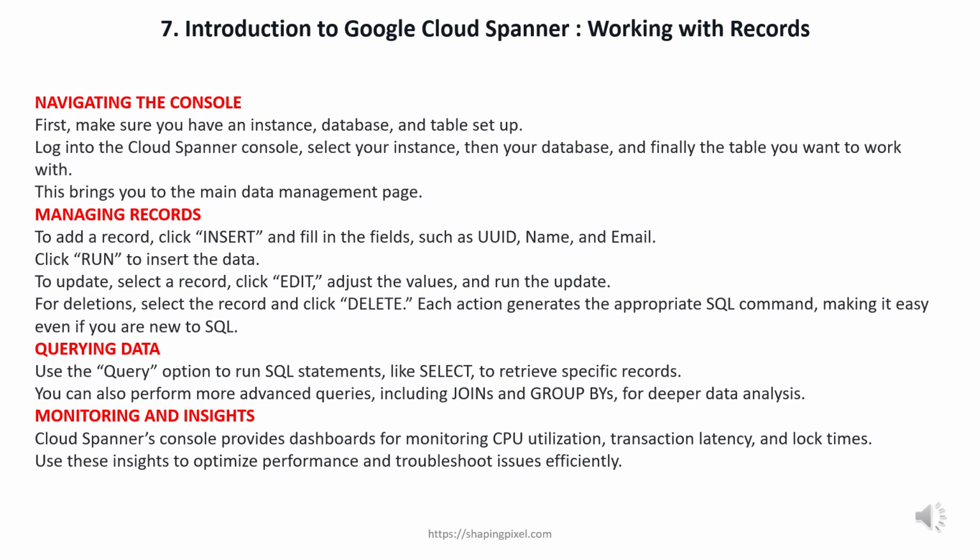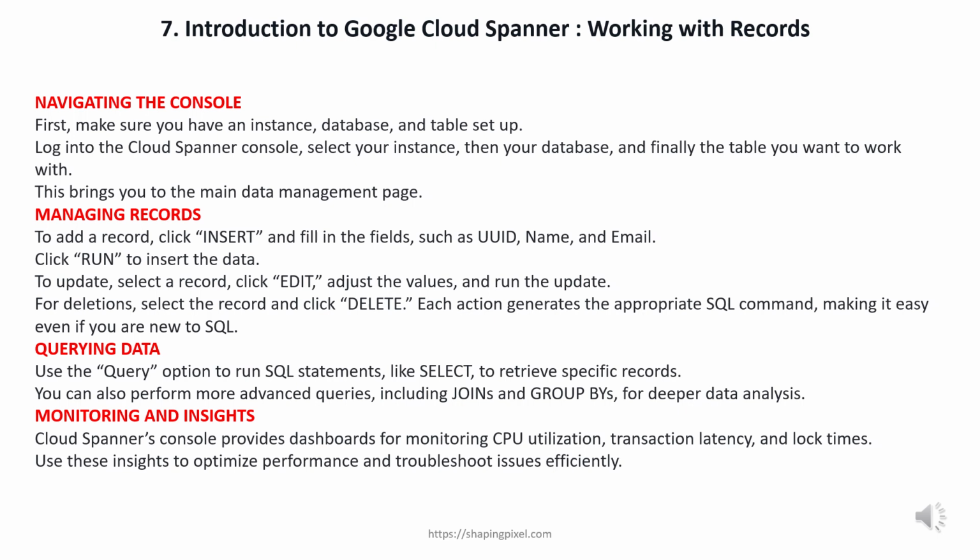To update, select a record, click Edit, adjust the values, and run the update. For deletions, select the record and click Delete. Each action generates the appropriate SQL command, making it easy even if you are new to SQL. Use the Query option to run SQL statements like select to retrieve specific records.